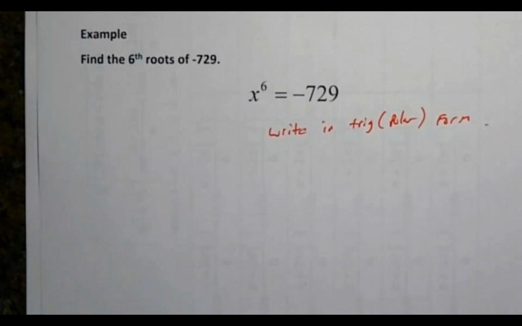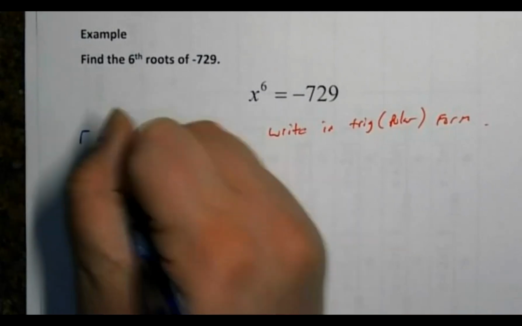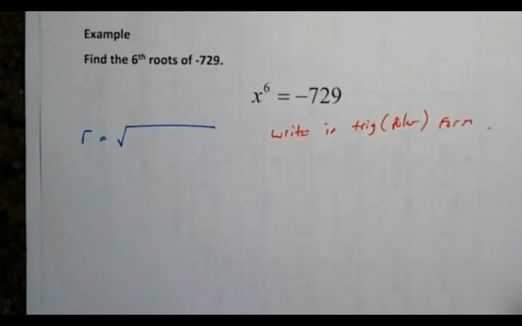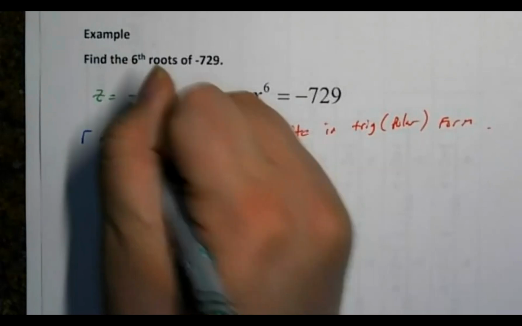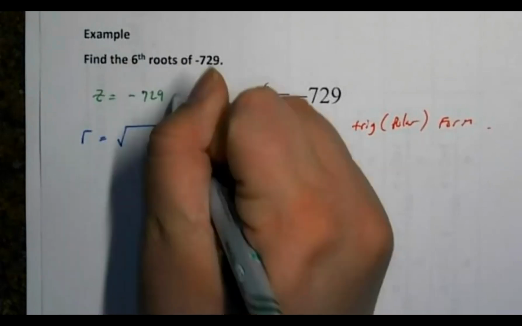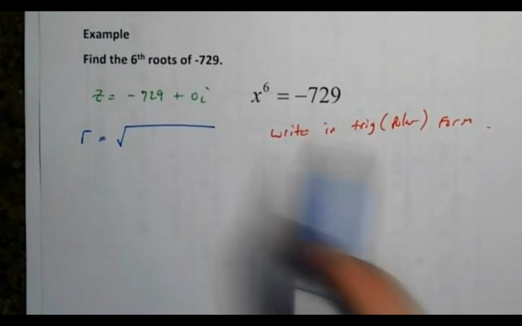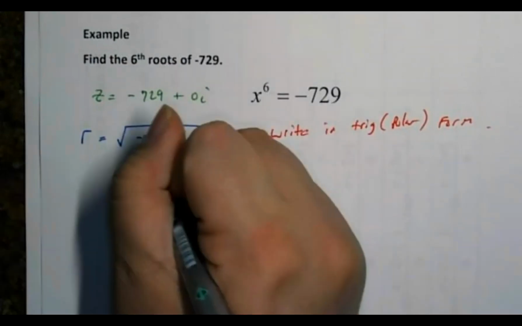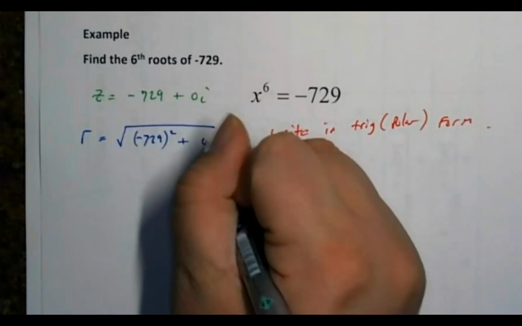All right, so first thing I need to do is find the modulus. So r is going to be the square root. And just in case you're not quite clear on this, my complex number is negative 729 plus 0i. There's no imaginary portion, so I'm just using that. So this is the square root of negative 729 squared plus 0 squared.